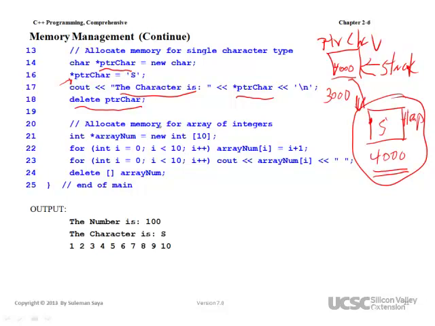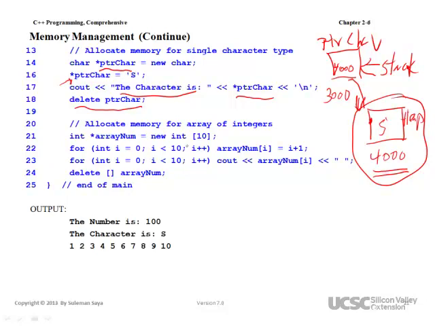So in this case, I just want to show you, you can create not only one character, not only one integer, but you can create an array of integers. And then you can go to any element within that array by using the index.